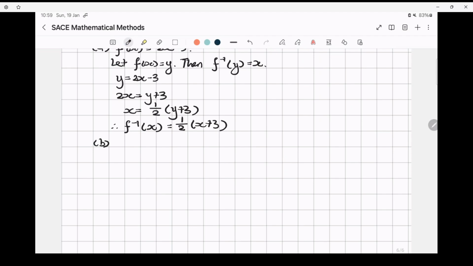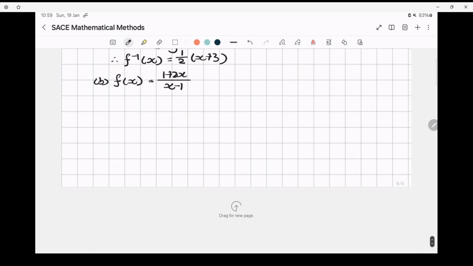So let's look at something more complicated. Let's say f(x) is (1 plus 2x) over (x minus 1). You need to find the inverse.